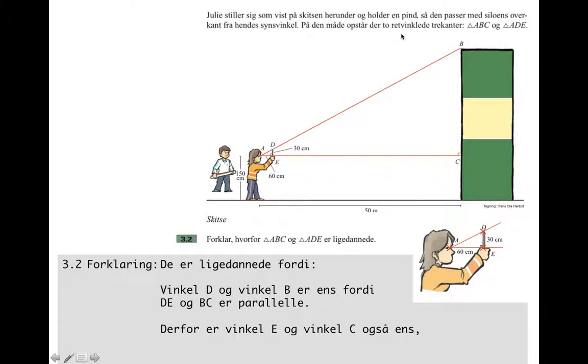Also, they've told you that it's two right-angled triangles, so E and C are equal for another reason: we've been told that they're both 90 degrees. And the triangles share angle A, so at the point where her eye is, that's the same angle in both triangles that they're sharing.